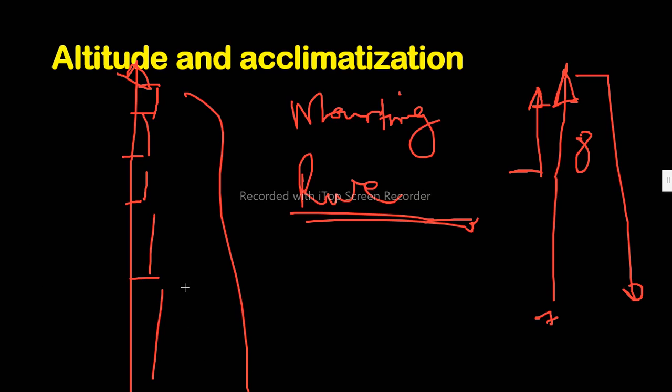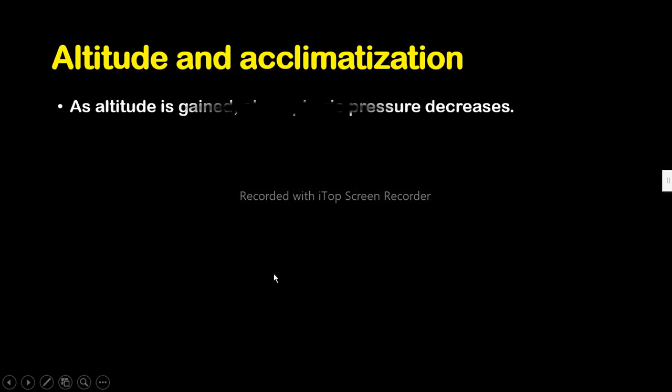Otherwise, if you just move, then that's when you get altitude sickness, or the climber's disease, or the mountain disease, whichever way you call it. I think the best name is altitude sickness.